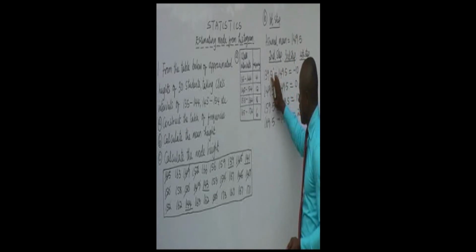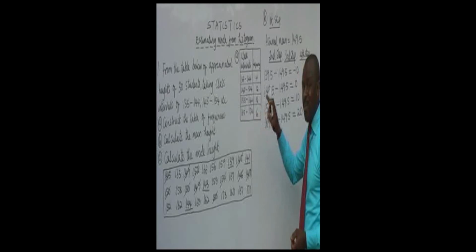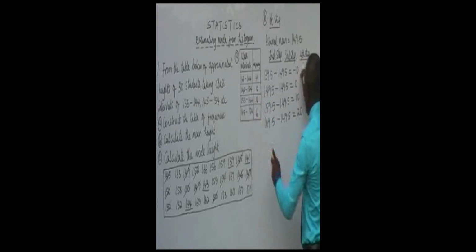Now, the fourth step: begin to multiply all these values you got by subtracting the assumed mean from the representatives of the class intervals, which are the mid values, by their respective frequencies.